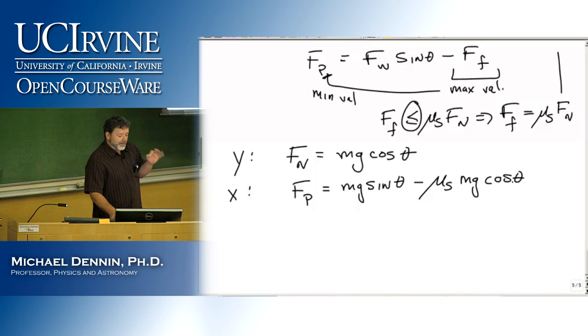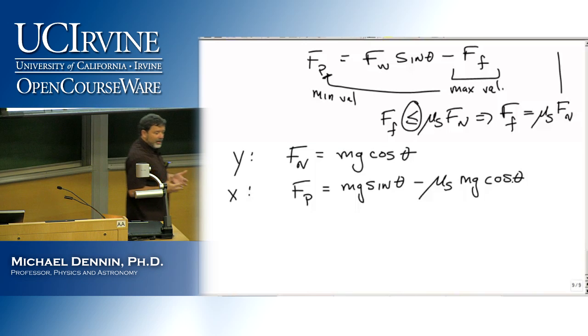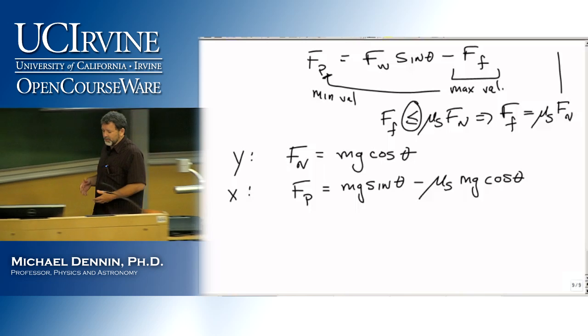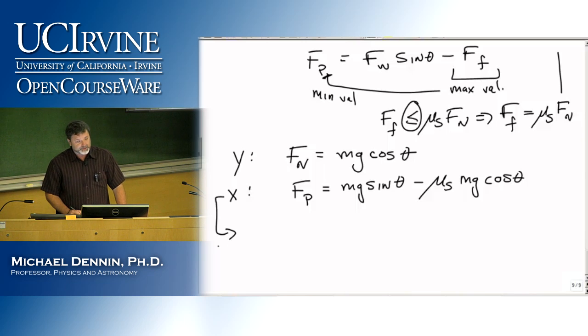Now, one last point. The question asks us, what force is required to accelerate it at our 0.3 meters per second squared? Then this equation changes. The direction of Fk is now up.